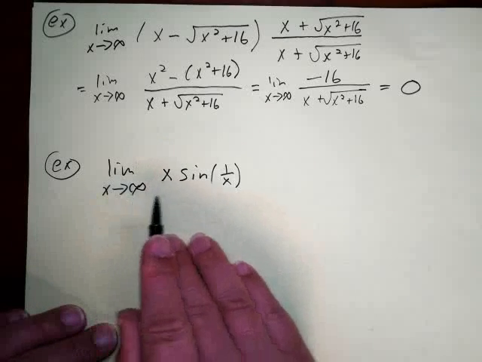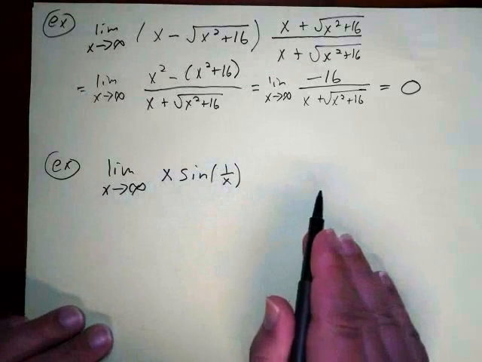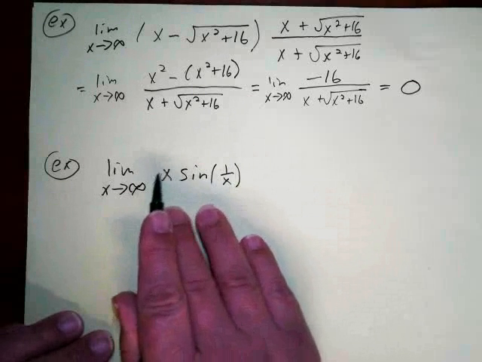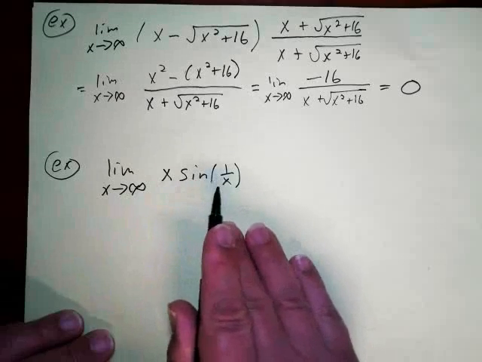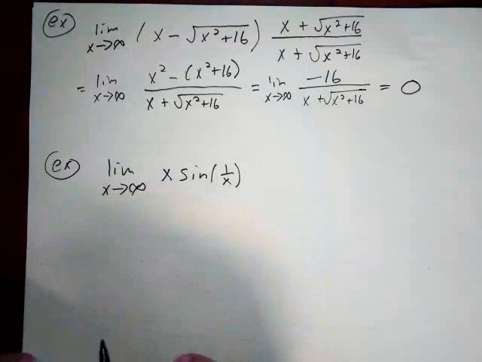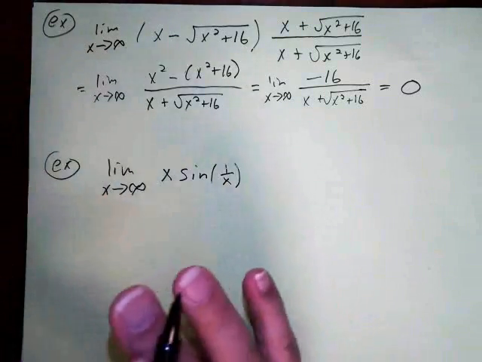And so if you go to infinity, then sine of 1 over x is actually going to 0. This is going to infinity, this is going to 0. So now the question is, what's going to happen here? Which one's going to win out?